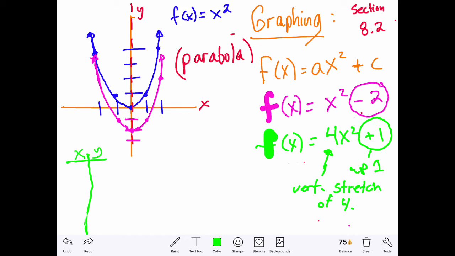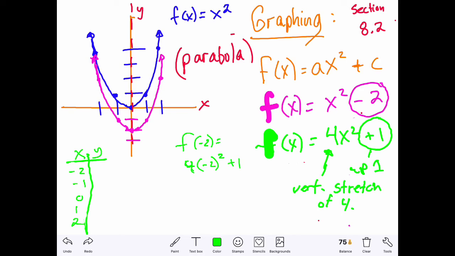X, y, -2, -1, 0, 1, and 2, same 5 values. And I'm going to do here f of -2. Well, that would be 4 times -2 squared plus 1. So notice I plugged in for every x in the function.